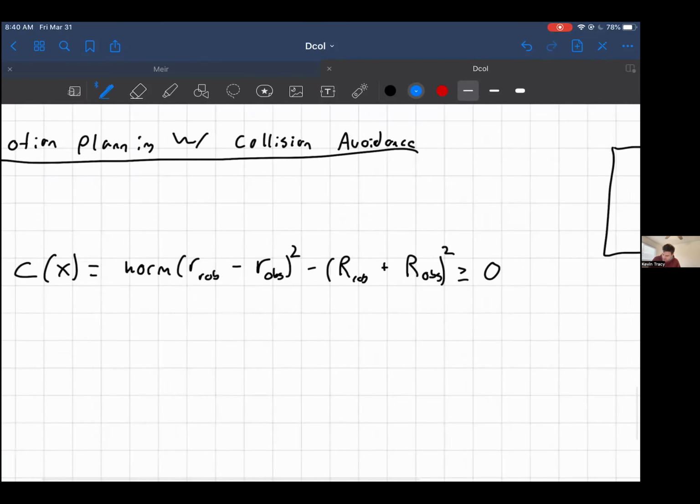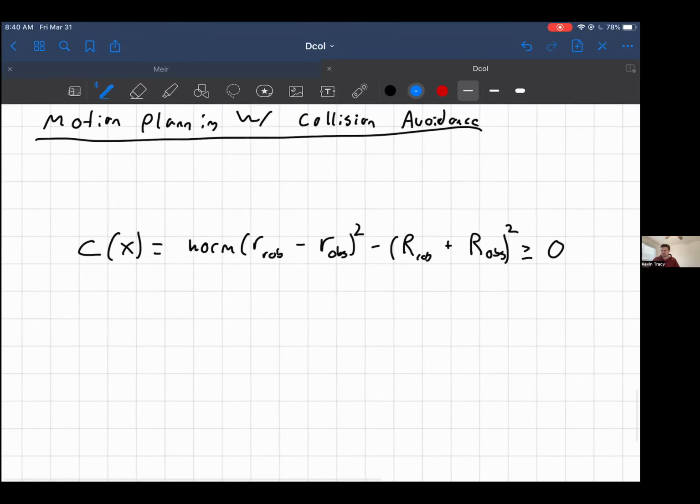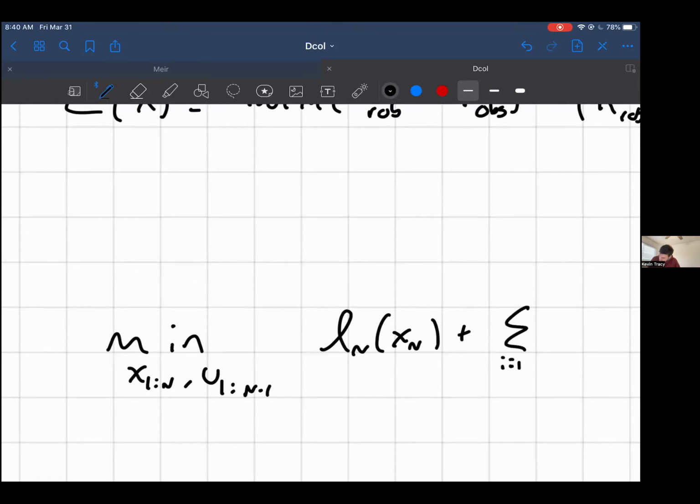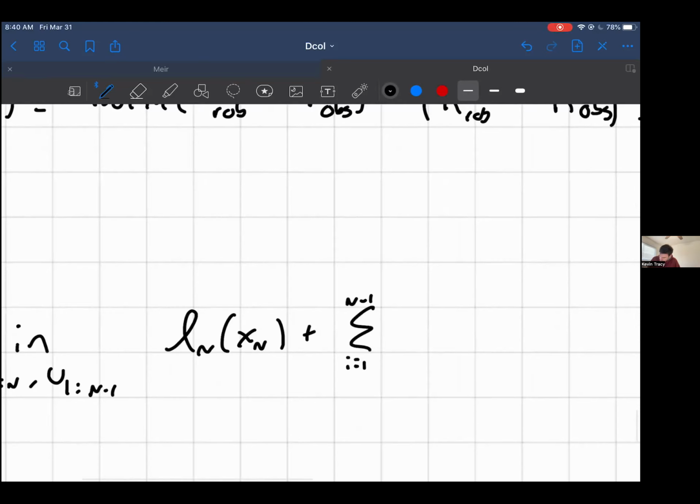Okay, so how would we solve a motion planning problem that has these constraints? It's super simple. I just do min, our classic trajopt formulation. I'm going to have a terminal cost, and then some state cost.